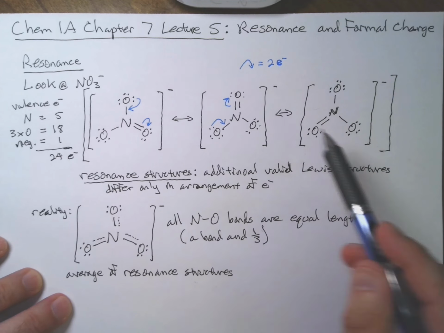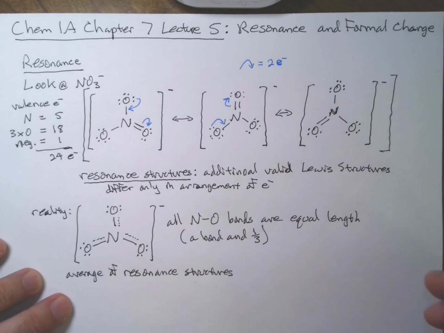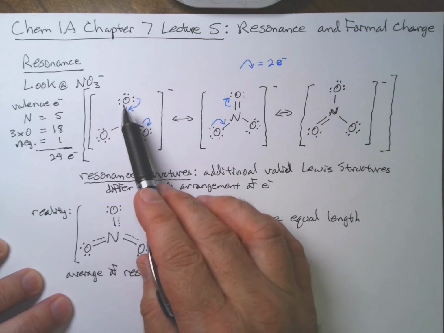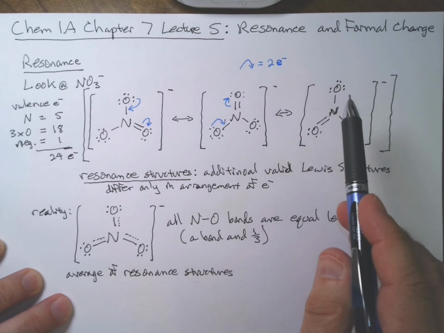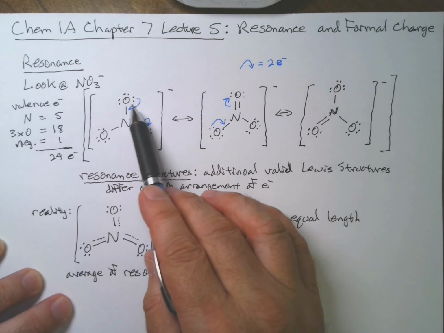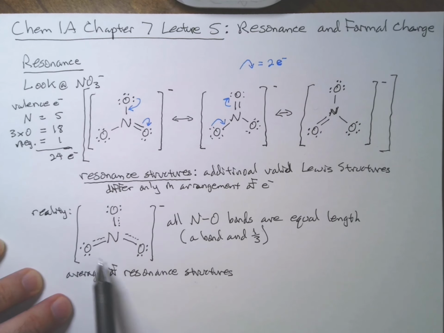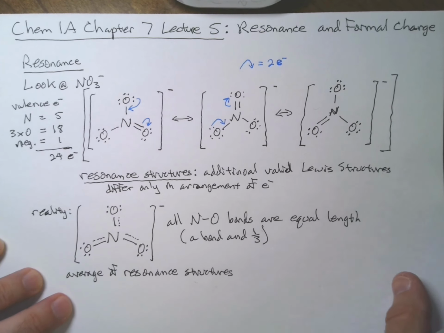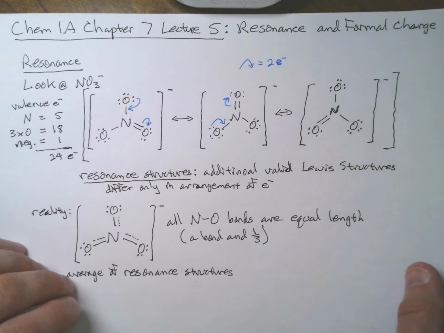One thing you may have noticed is I have an overall negative charge. Now, given that oxygen is more electronegative than nitrogen, you might expect more negative charge on the oxygens and less on the nitrogen, and that is in fact what we see. And so that gets into the concept of formal charge.